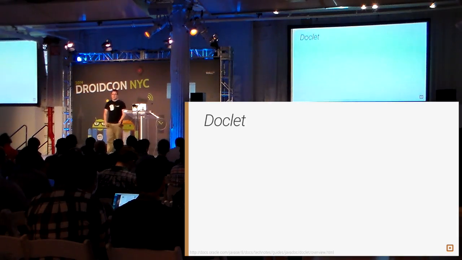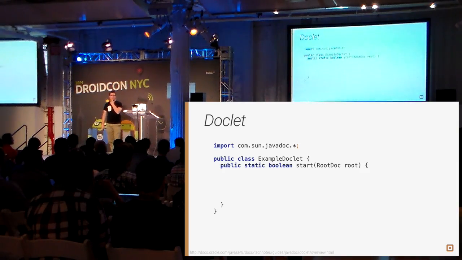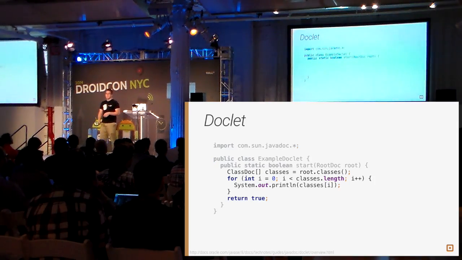So we're going to start with something called Doclet. Doclet still exists today, but it's really old in Java lifetime. It's basically an interface, an API rather, through which you can access properties of your compiled classes. So in this example, I'm referencing the Java APIs and defining a static method called start, which takes this root doc in and returns a boolean.